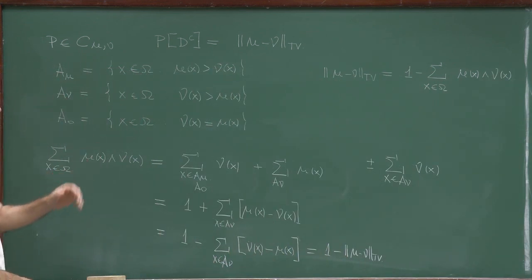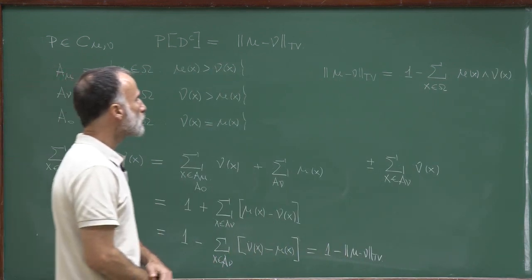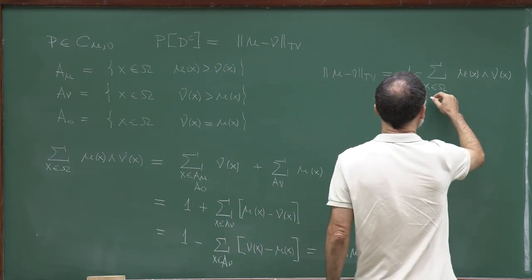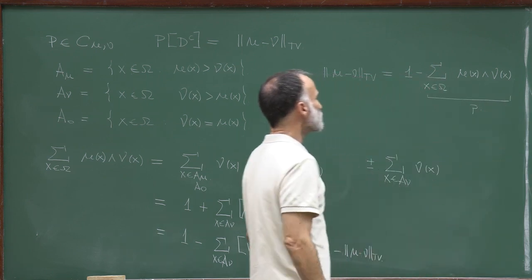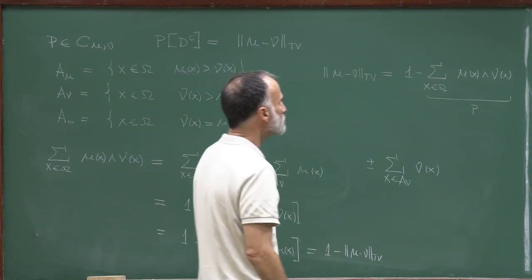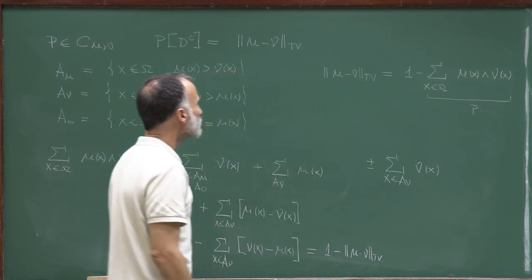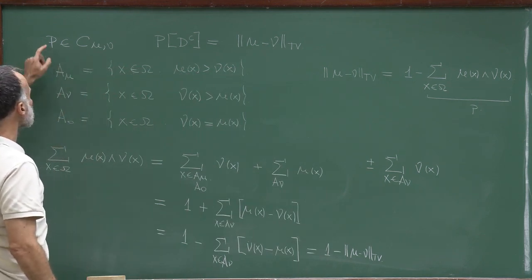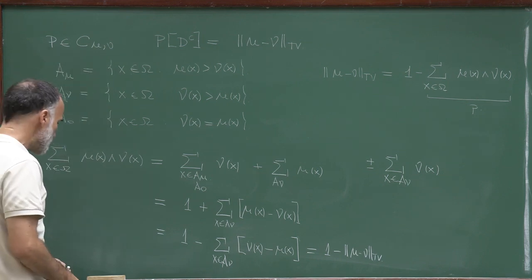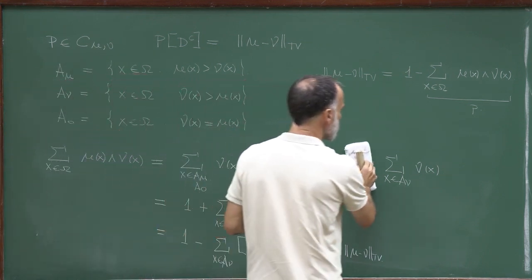That's fine. Please keep in mind that. So let me call this quantity p. So this is small p, and we will use this identity in order to construct this measure p. The idea, well, I can write it here.